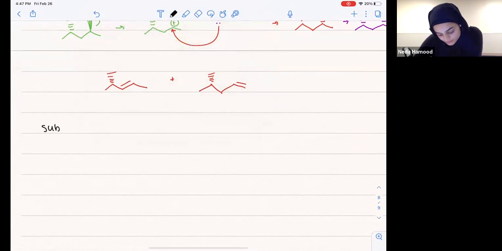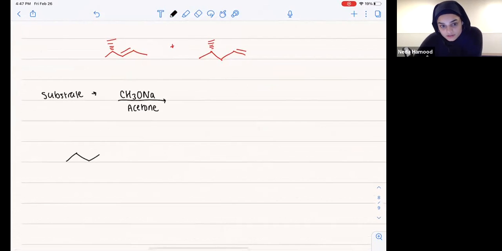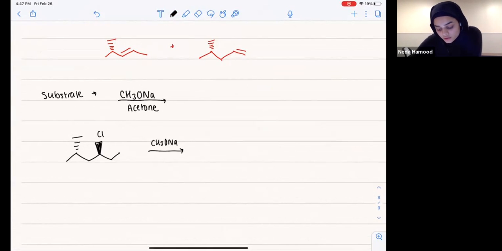So the substrate becomes CH3ONa and acetone. So now we have this, CH3ONa, which looks like this.